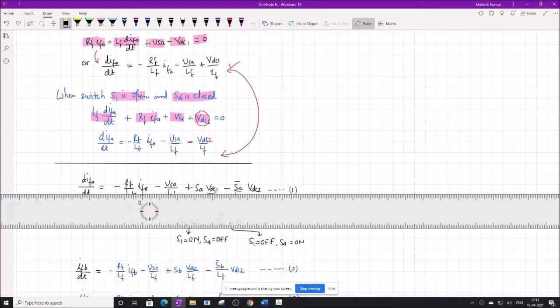So it means that by connecting S1 on and S4 off, we are applying a voltage of plus VDC1, which will try to raise the current in the compensator path. So IFA will increase. Okay, for this driving force, IFA will increase.